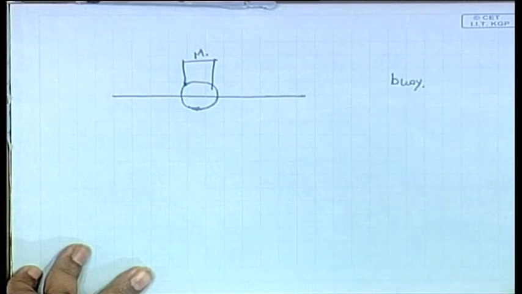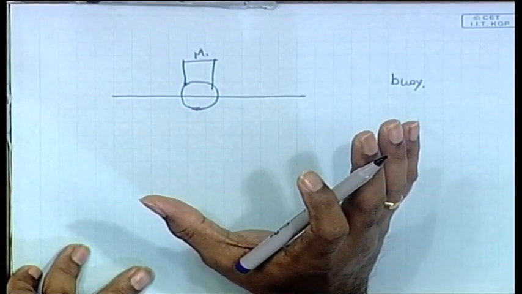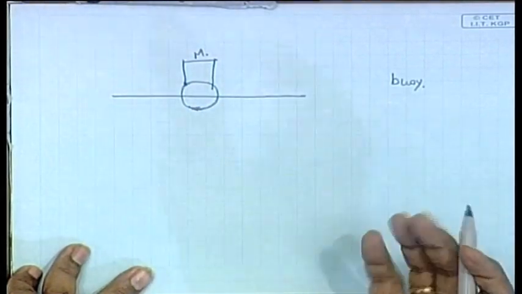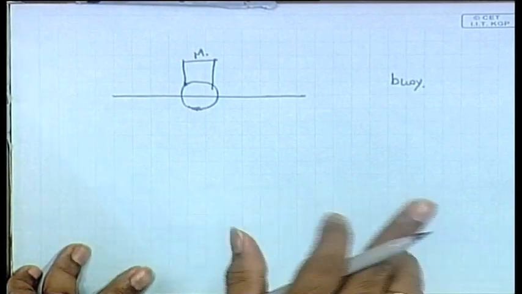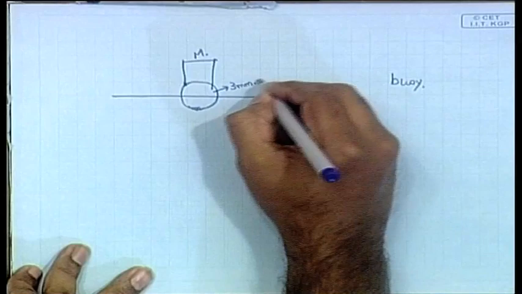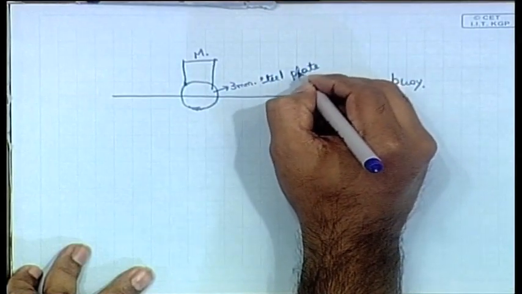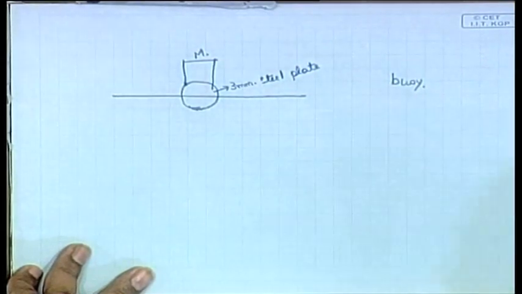The buoy is made of a 3 millimeter steel plate. It is not a solid sphere, then of course it will just sink. It is just 3 millimeter thick.